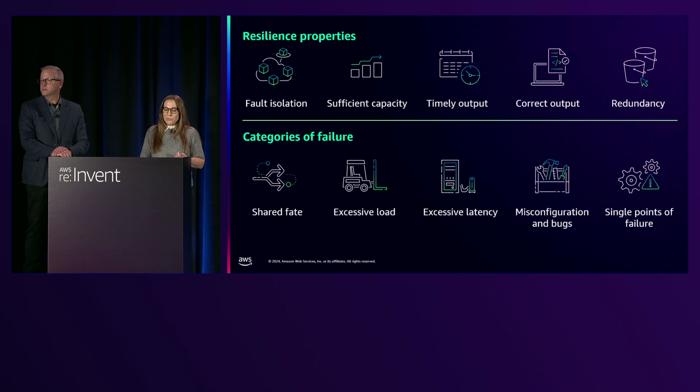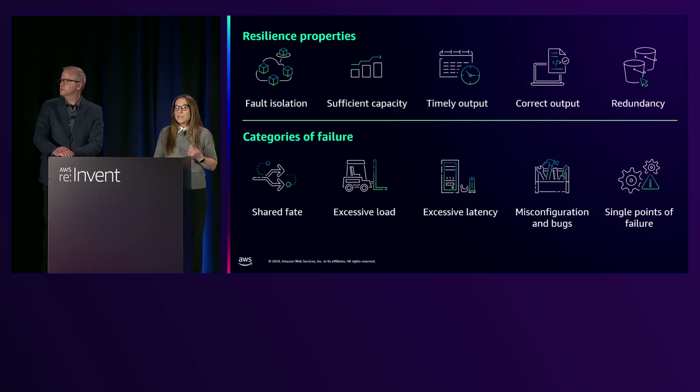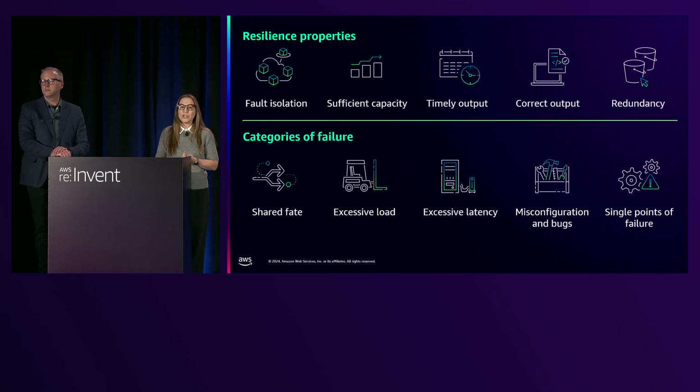So understanding these relationships allows us to anticipate vulnerabilities and design more resilient architectures. As we move forward, these mappings are going to serve as the foundation for our discussion. We're going to dive into the specific challenges that each presents in a Gen AI workload, and explore strategies to reinforce our resilience properties against these specific threats.